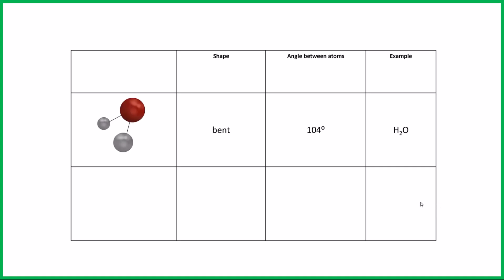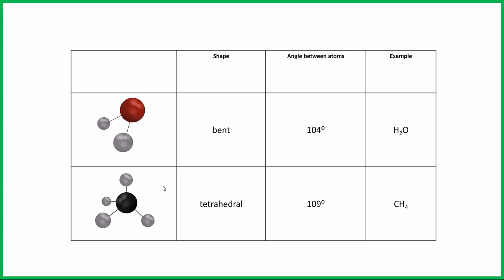Continuing on, we also have a bent shape, and this would be like your water molecule that we discussed earlier, where you have one central atom and two outer atoms with a significantly bent structure. Those atoms are being pushed away and closer to each other, away from these lone electrons that are found up here. The angle between the atoms is 104 degrees.